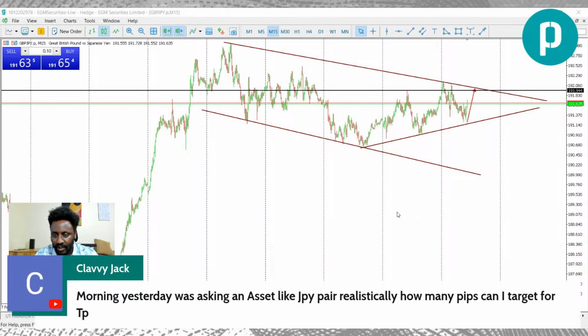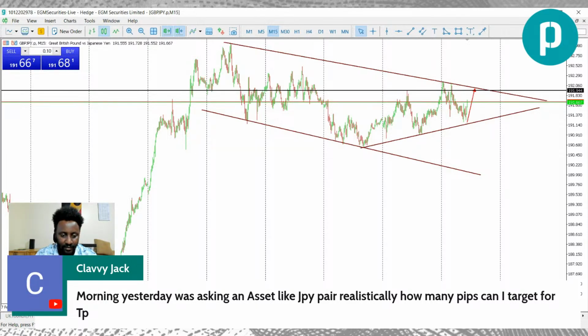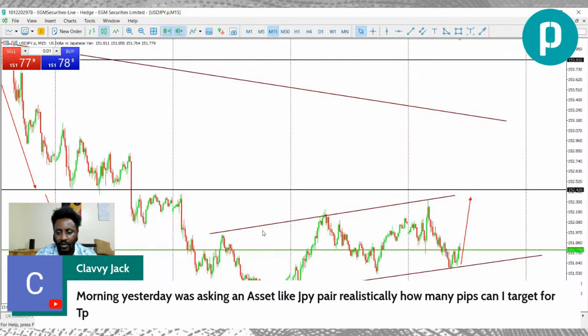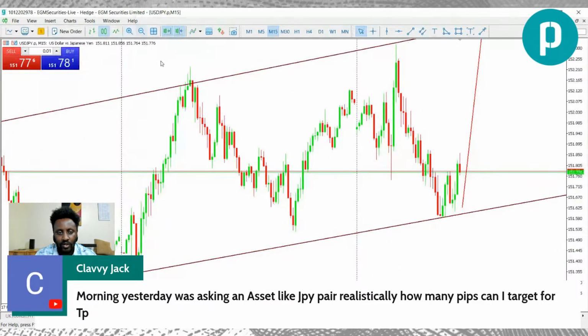So last question that I haven't covered. Yesterday I was asking, for an asset like a JPY pair, realistically how many pips can I target for TP? So just the same approach I've used with the data, it's better off to do more of a data analysis. And the way you do this, if for instance you are considering trading an asset like USD JPY, you can easily find the daily range.